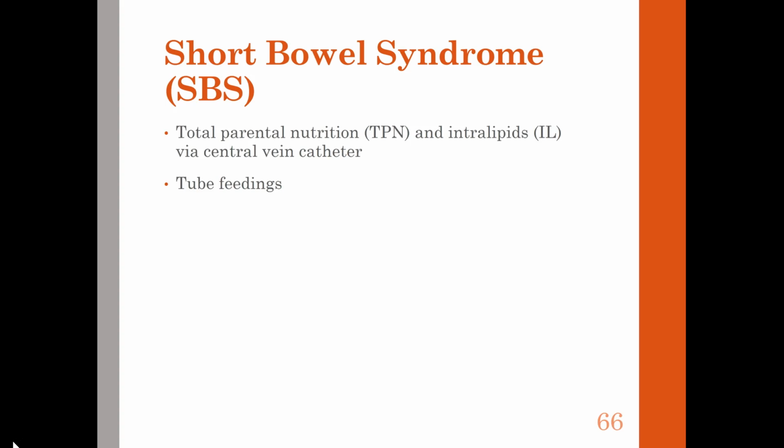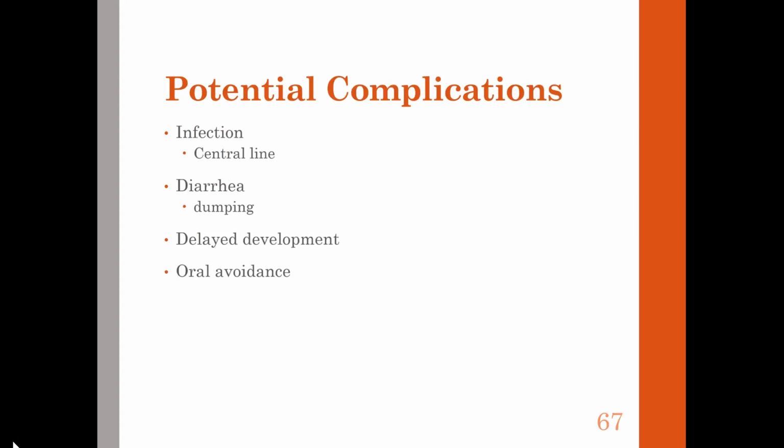So these children may be on TPN and lipids for the rest of their lives, unfortunately. Or they may be able to absorb enough that they can just do G-tube feedings. It all depends on what their body can and cannot absorb.